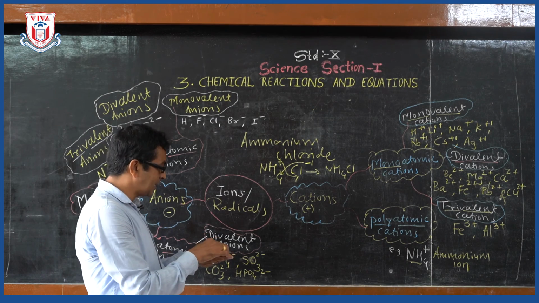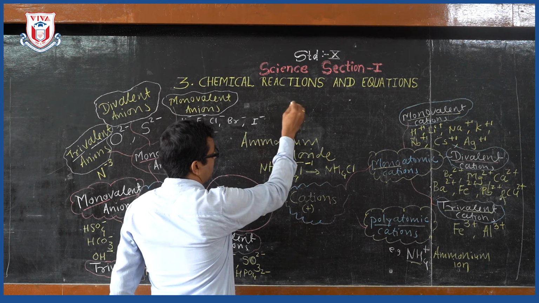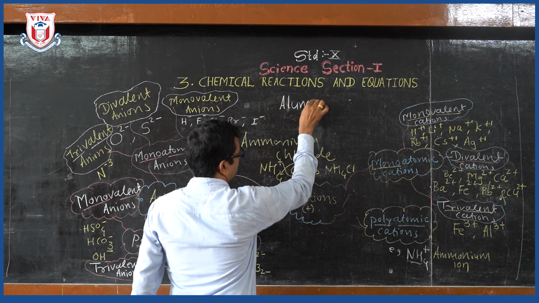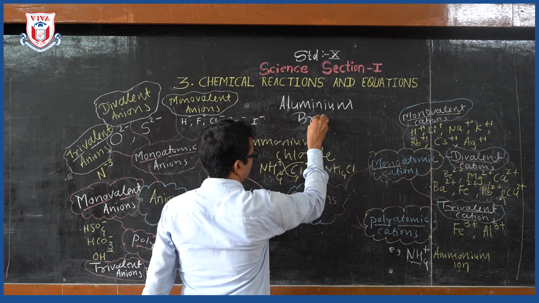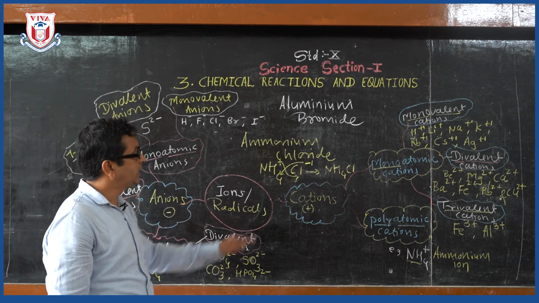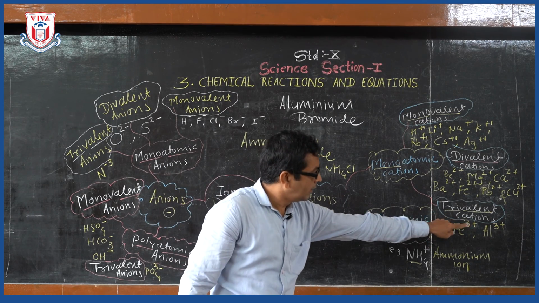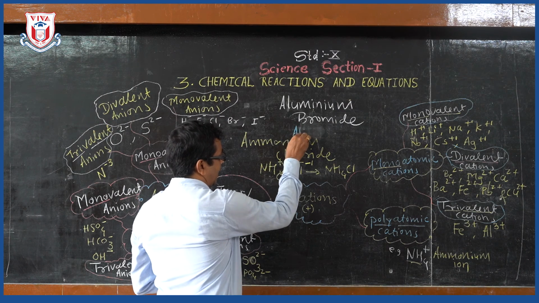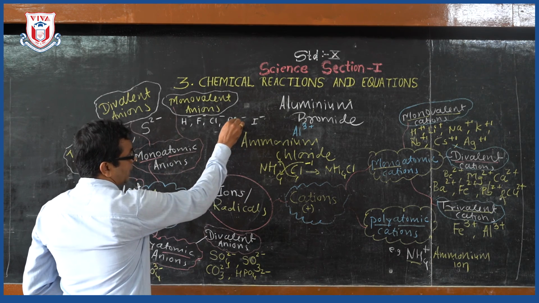Let's take another example, aluminium bromide. Again you have to see aluminium. The symbol of aluminium is what? Al3 plus. So I can write here, this is my aluminium Al3 plus, and bromine, that is nothing but Br minus.